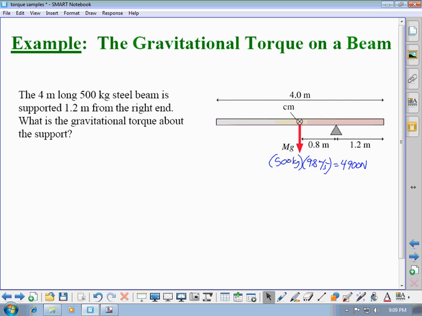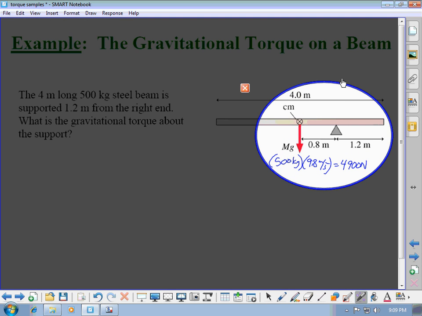It's a uniform steel beam, and so the center of mass is at the center of the beam. So it's 2 meters from either end, which means that it is 0.8 meters from the pivot point, or the fulcrum. And so we're going to use that 0.8 meters to look at the torque.